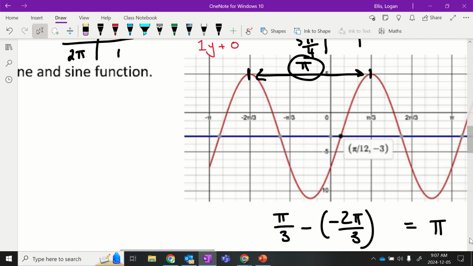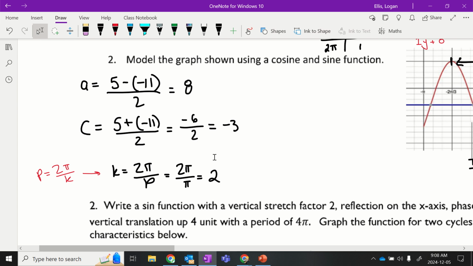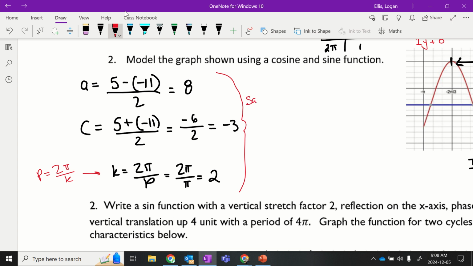Cool. All right. And here's the last one, which is D. D is the most difficult, and your A, C, and K, these are always the same for sine and cosine. I don't know if you need to make a little note about that, but let's say same for sine/cosine.